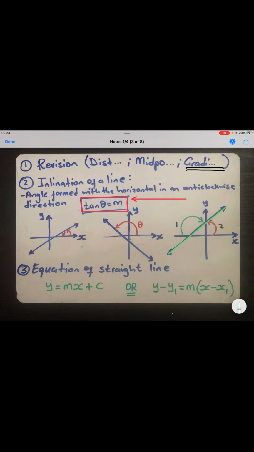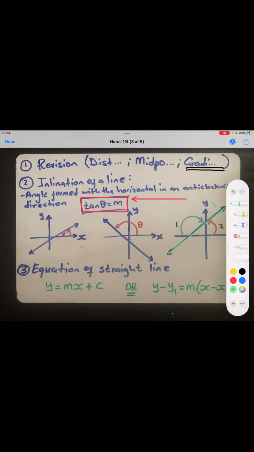And that line obviously has a gradient, which is going to be a positive gradient. So obviously that line is going to have a positive gradient.